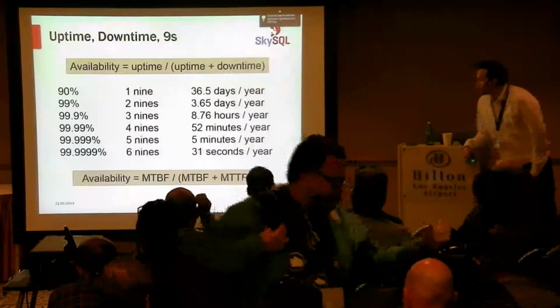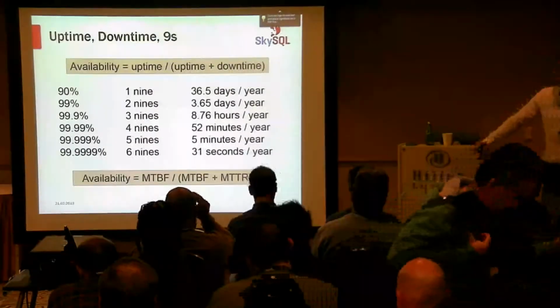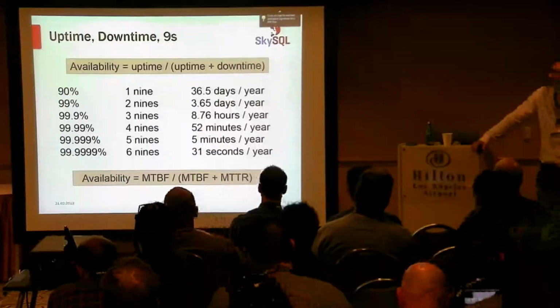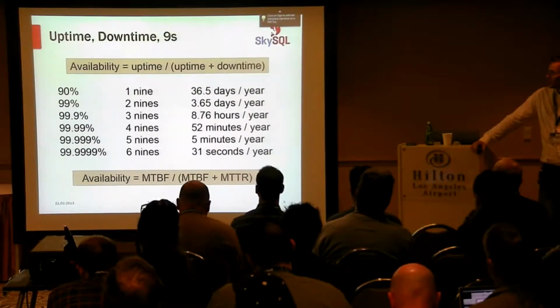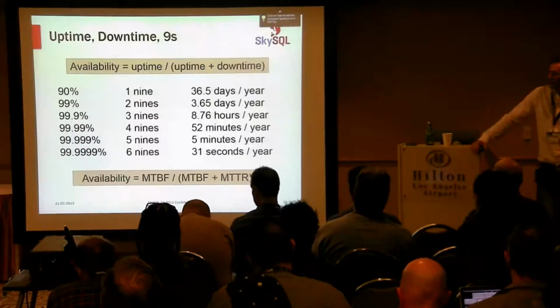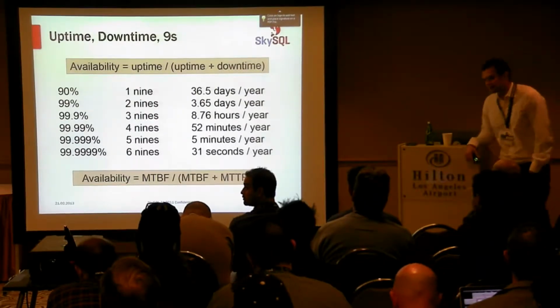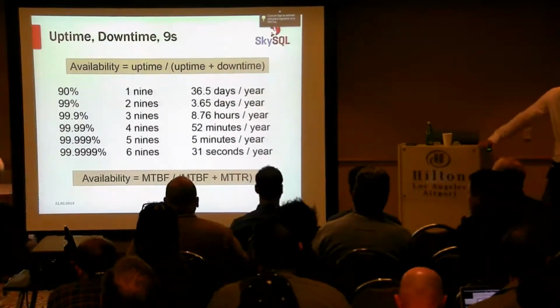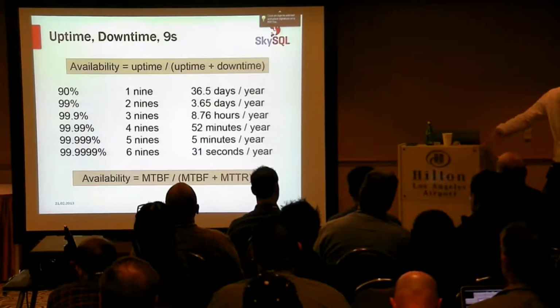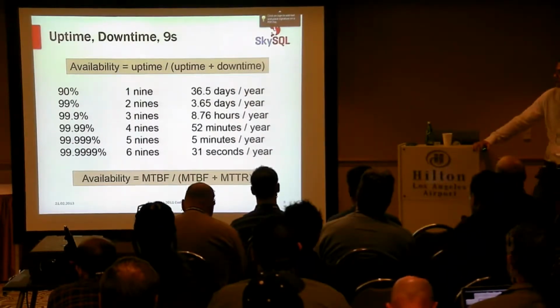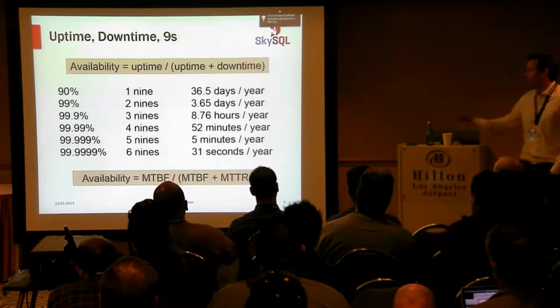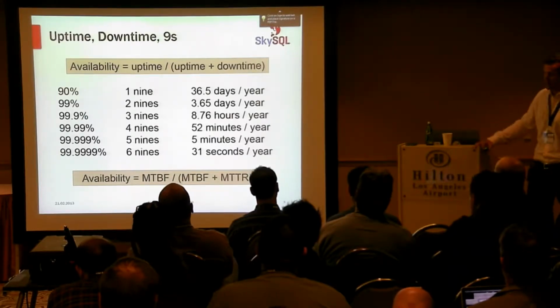If you look at the actual definition of availability, it's how big a part of the time your system is available. So you often talk about nines, how many nines your system is available, and it means what percentage of the total time your system is available. So 1 nine would be 90%, 2 nines, and so forth.